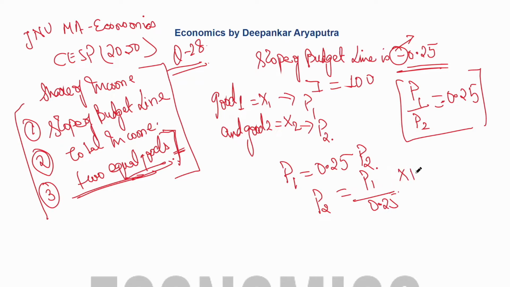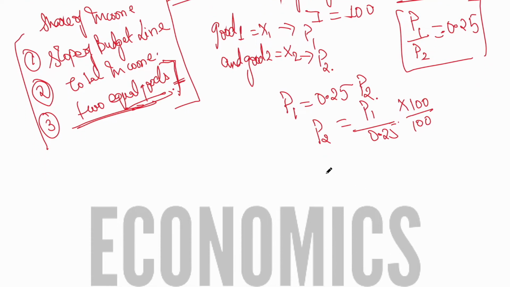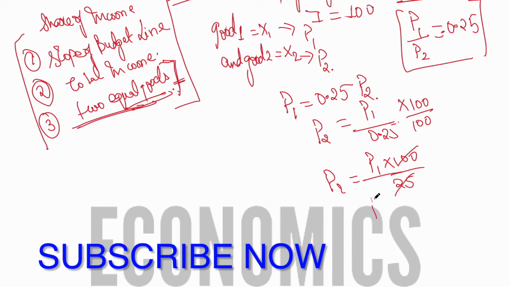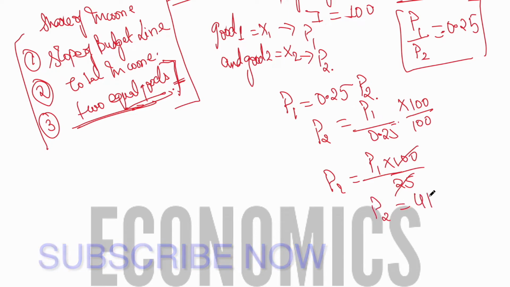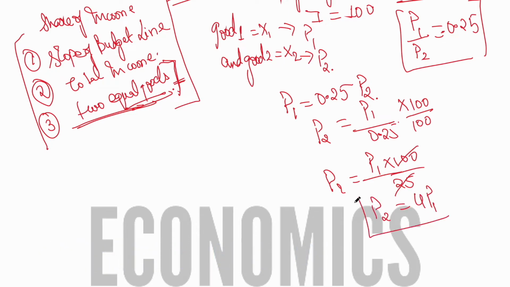To simplify it, we can multiply by 100 in both numerator and denominator. So p2 is equal to p1 into 100 by 25, so p2 is equal to 4 times p1. This is the equation that we get.